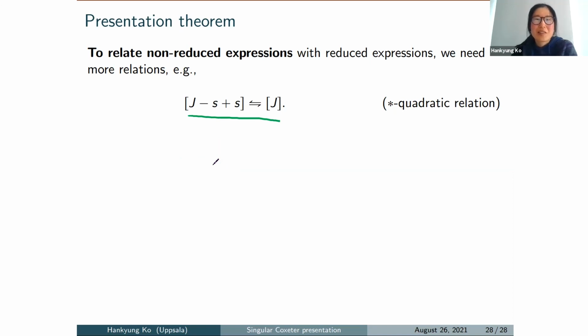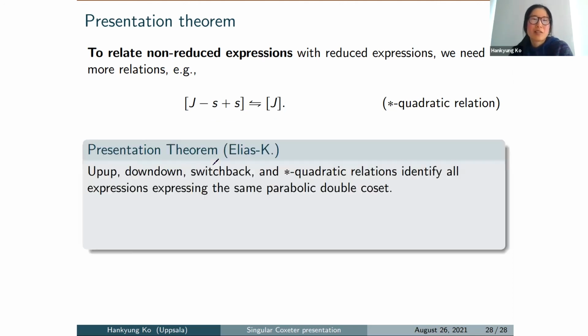This is a relation that we need, and I call it stack quadratic. It's the local form of the stack quadratic relation for the Coxeter monoid. Then that's enough. So these relations identify not necessarily reduced expressions or parabolic double cosets.